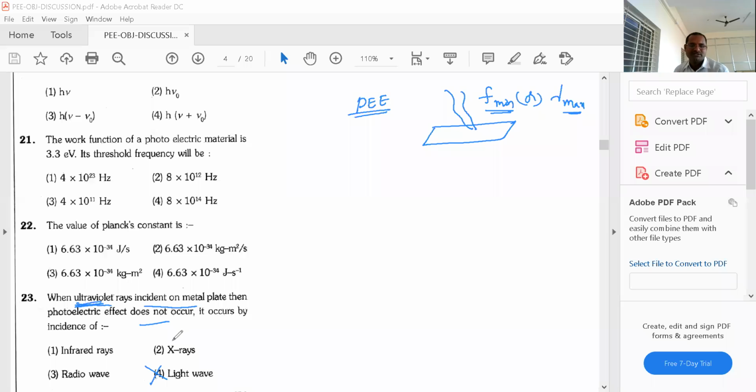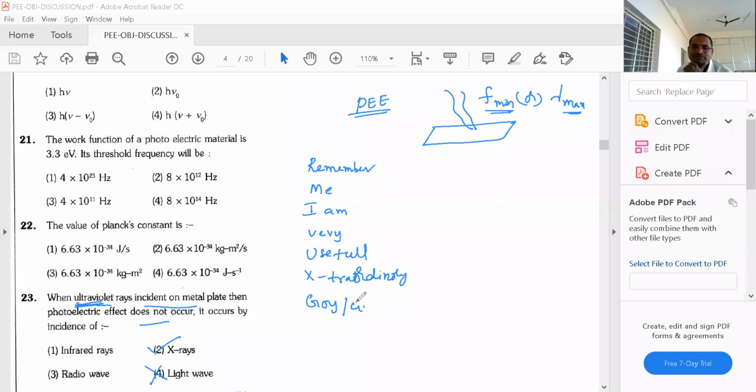Now you have 3 options. Among these 3, which has higher frequency than ultraviolet? Easily we can say X-rays. That means you need to remember the wavelength ranges of all the rays. Do you remember that? I have given one code for you. Remember me, I am a very useful, extraordinary guy or girl.